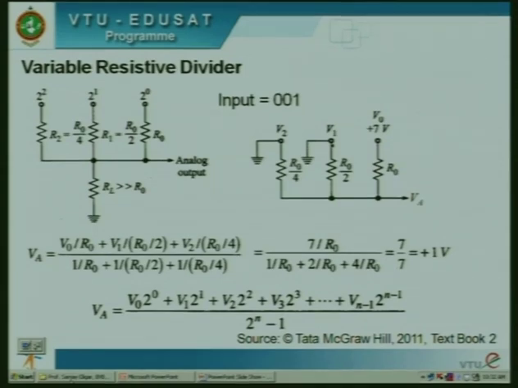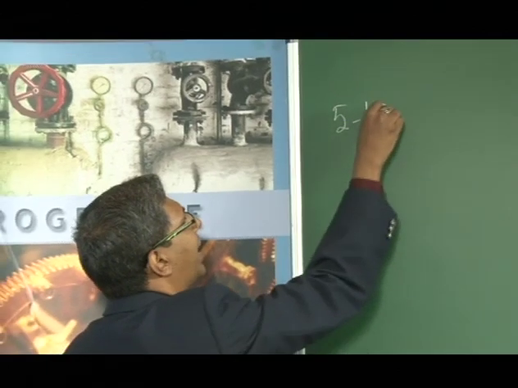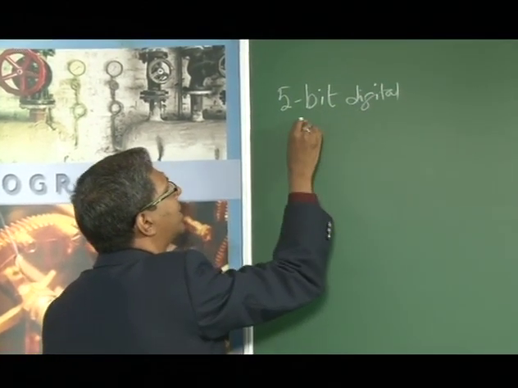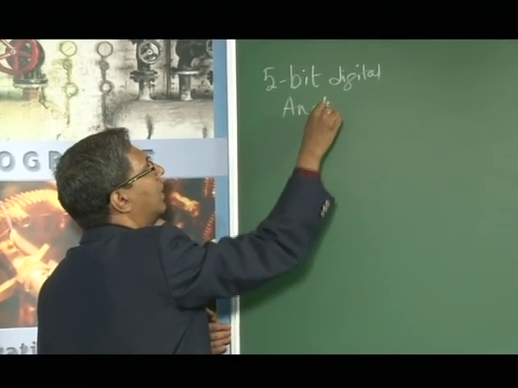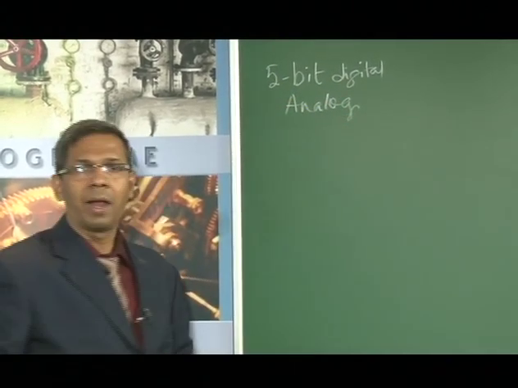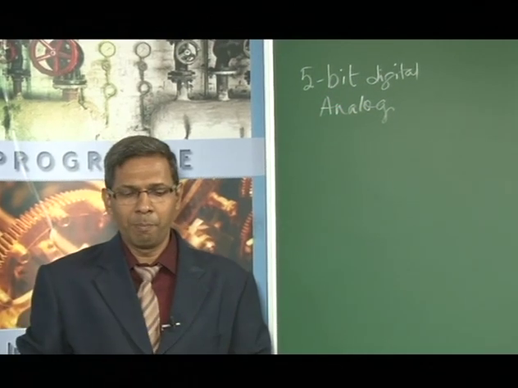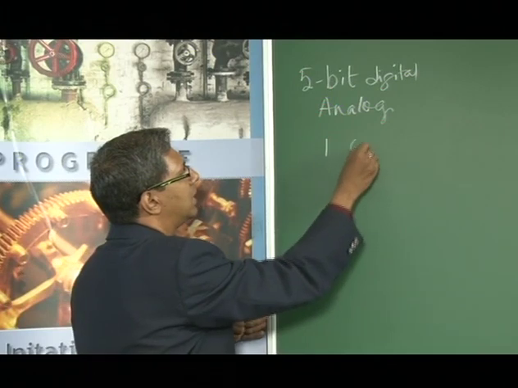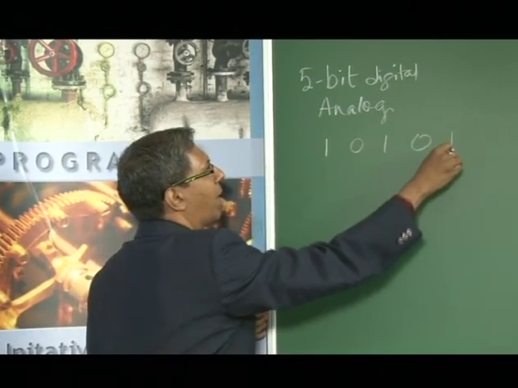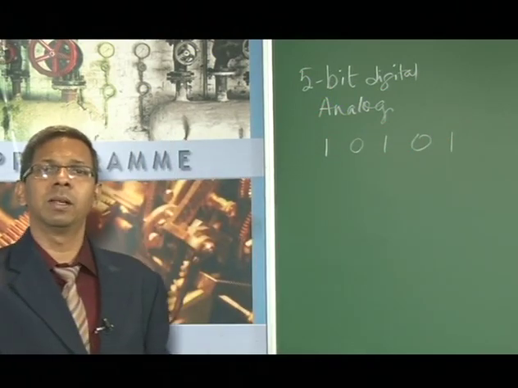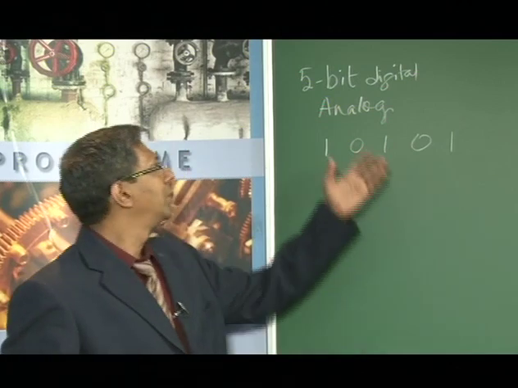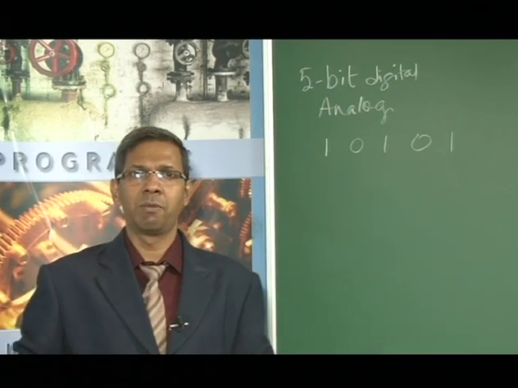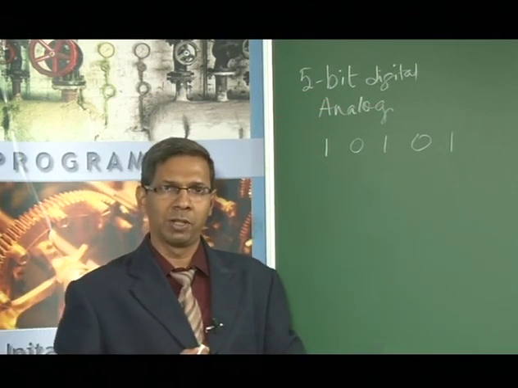The input is 5-bit digital, and I am going to convert it into an analog value. Let us take the example input as 1 0 1 0 1. Let this be the digital input. Now, using a 5-bit variable resistor divider network, I have to calculate its analog voltage.